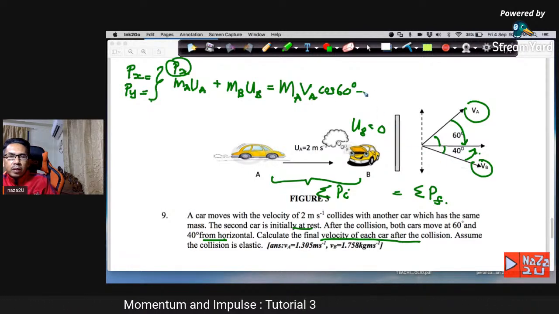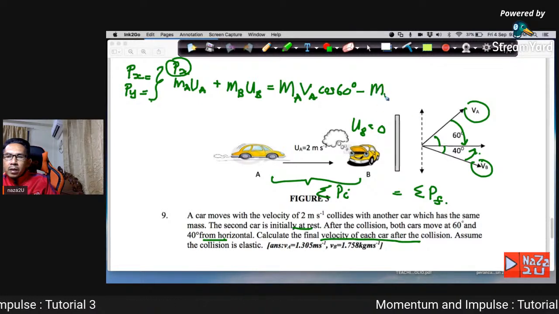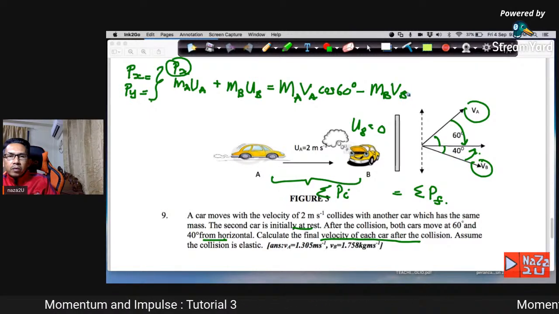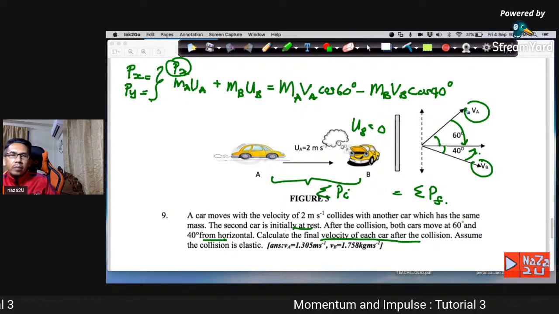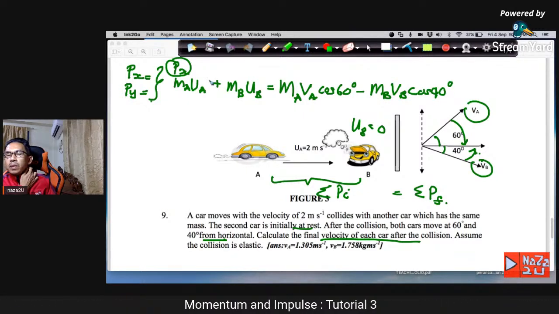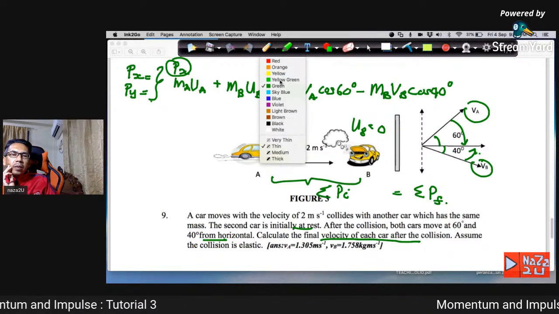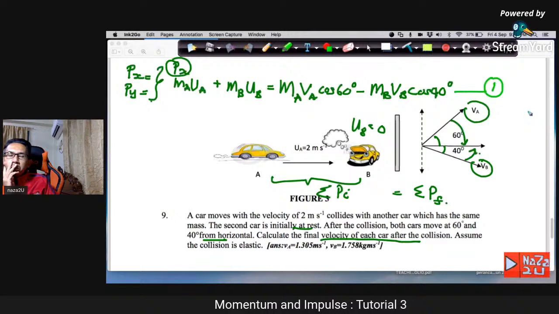So you must use a negative for the second car, VB. So we have MB, VB resolve to the X, we have cos 40 degree. Okay, actually from the X-axis here, we produce, let's say this is equation 1.